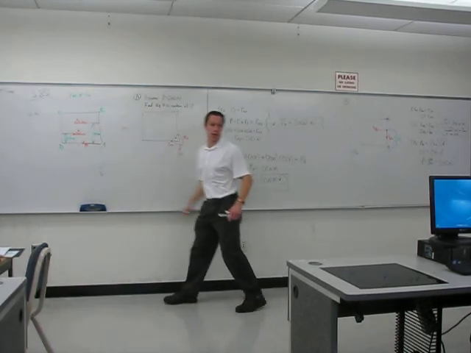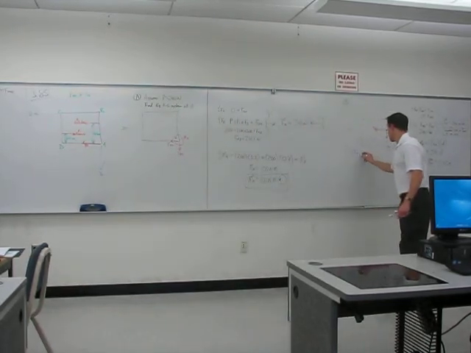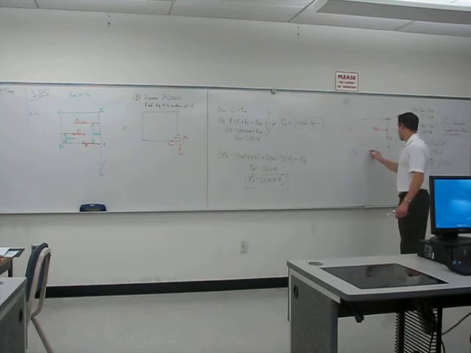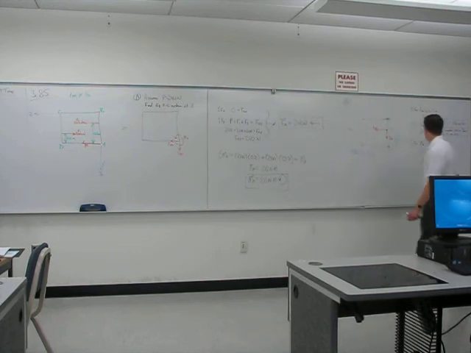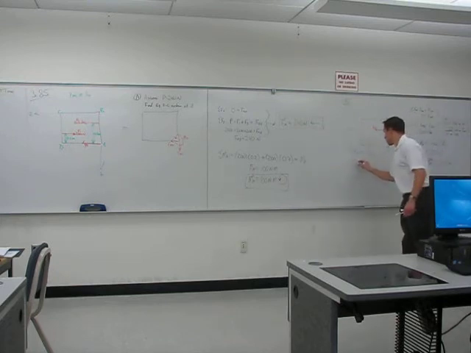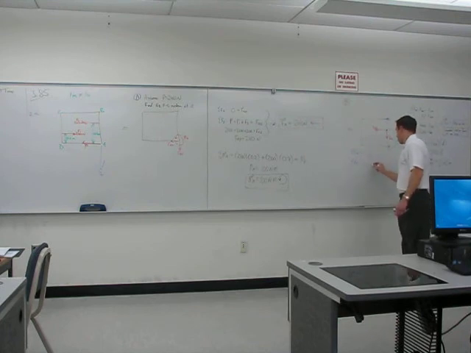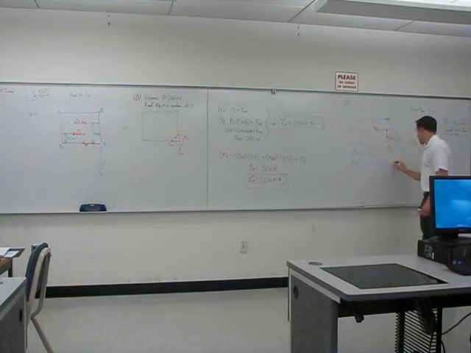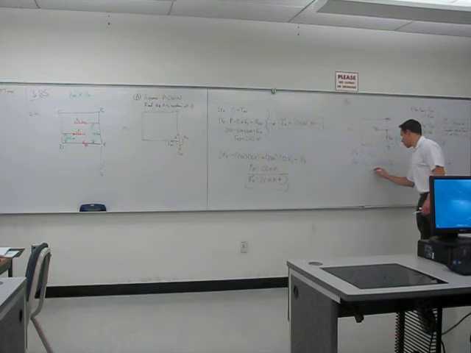So 0 equals FEX, same result that we got here. Sum of the forces in the z direction: 240 minus 200 plus 200 equals FEZ. So FEZ is 240, same result that we got here.